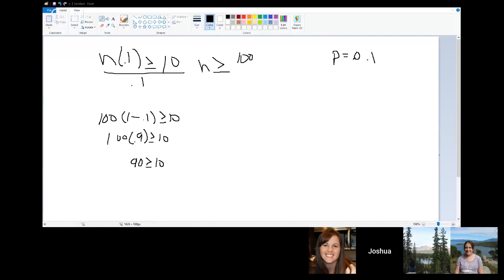N and P. So the n would be 80, times 0.6 is 48.